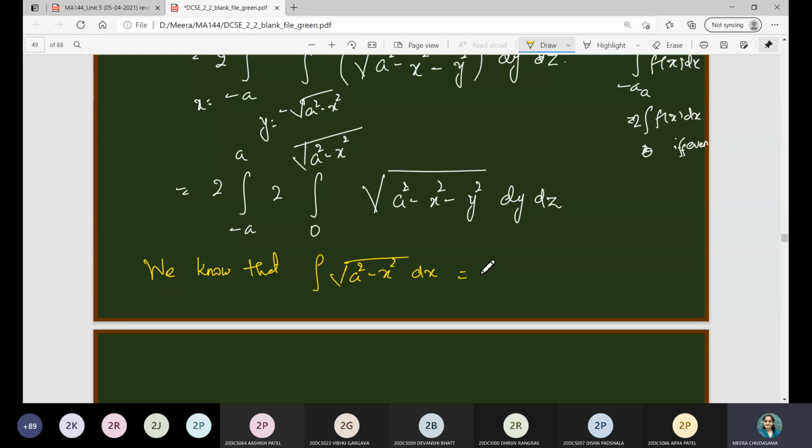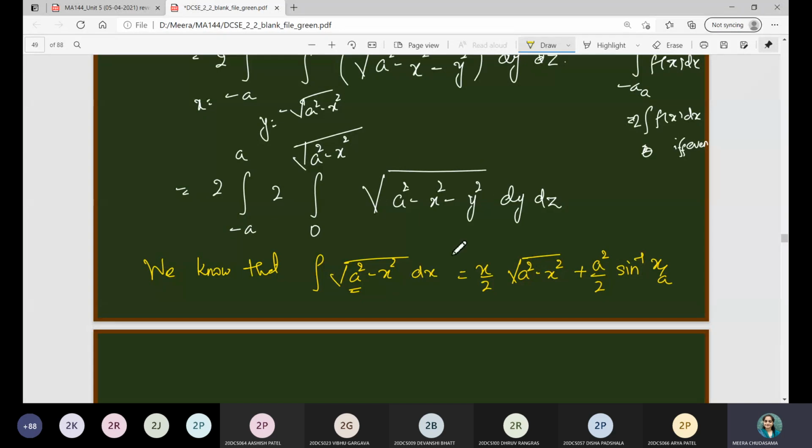Right now you have freedom in this online class, you can search for the integration formula. x by 2 under root a square minus x square plus a square by 2 sin inverse x by a. Yes, this is the formula for the integral of square root of a square minus x square, where a has to be a constant quantity.